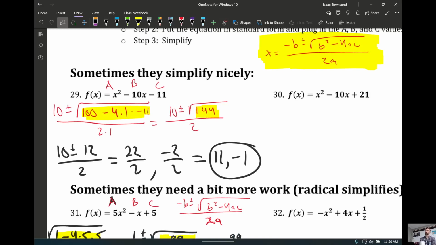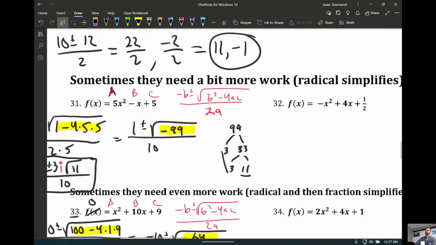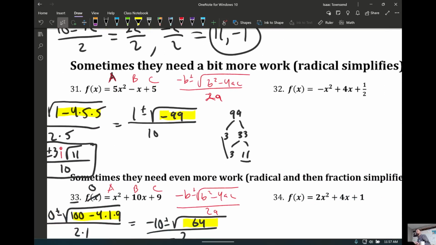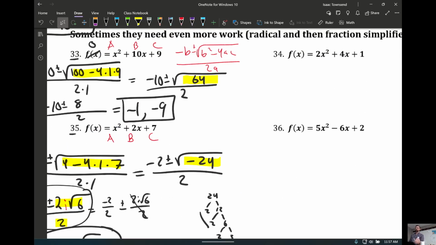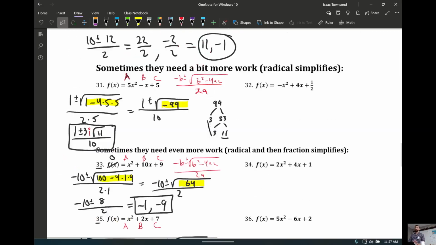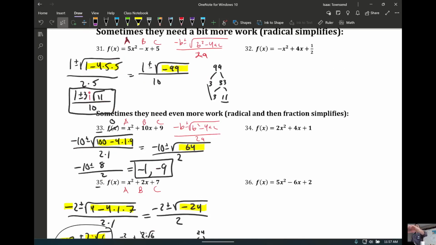So look at what we did on 29, try it out on 30, try to use your calculator as little as possible. Then look at what we did at 31, try it on 32. Then look over 35 and try it on 34 and 36. So that would be 4 questions total.